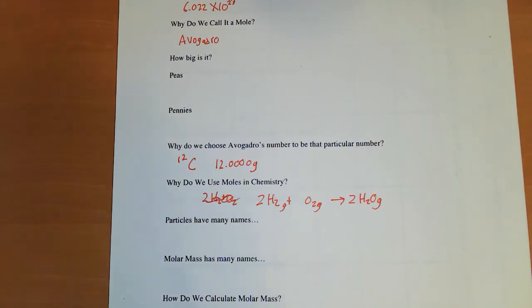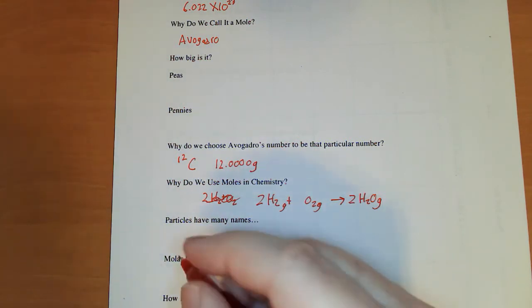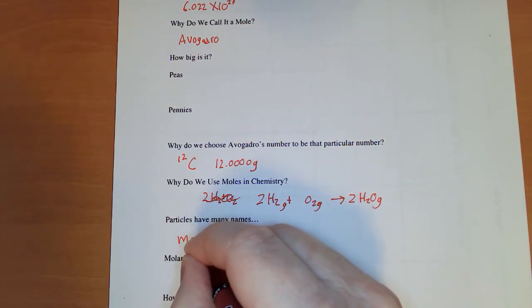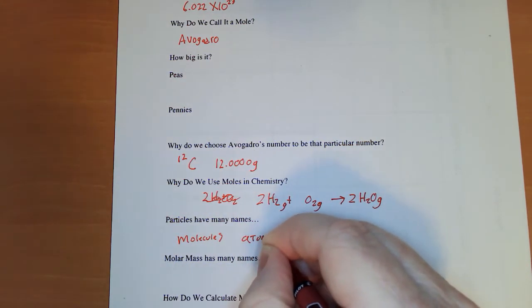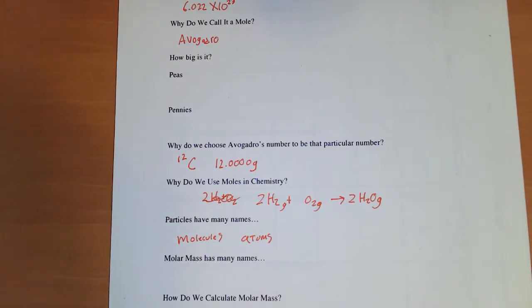Okay? So another thing that does provide a little confusion in this, just to give you a little background here, is we always try to talk about the smallest piece of something that we're dealing with. And I try now to use the term particles. Okay? Now, particles could mean molecules. It could mean atoms. Okay?